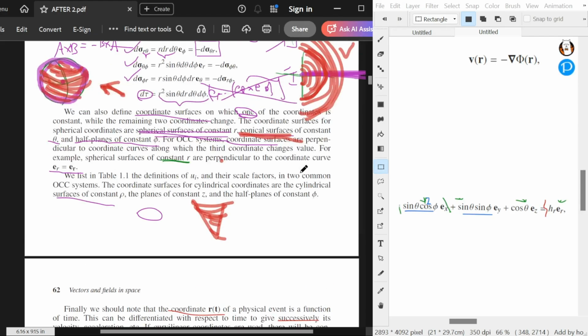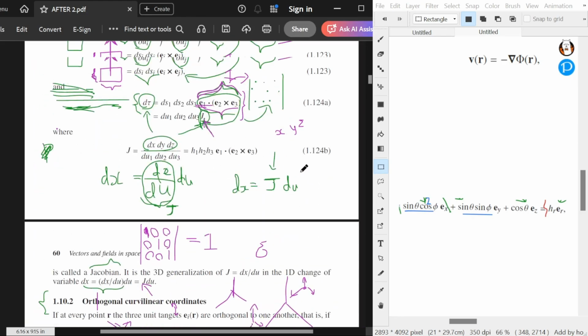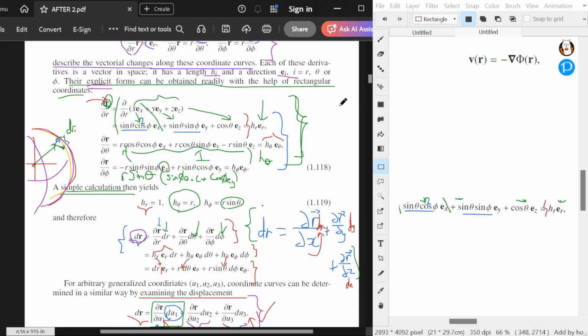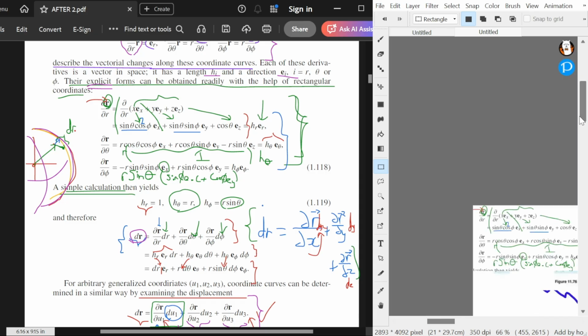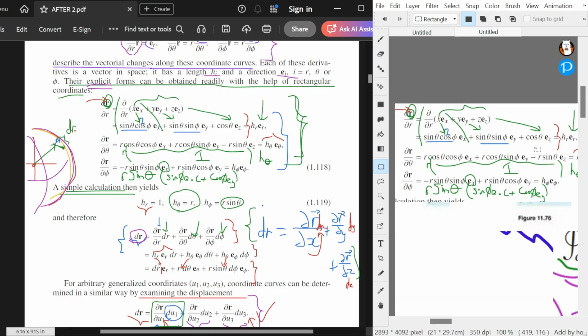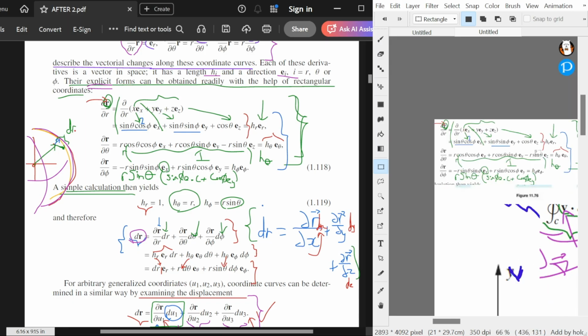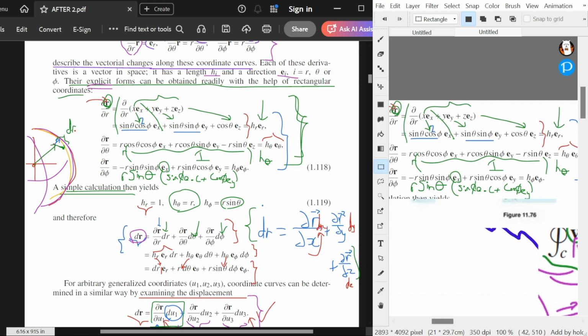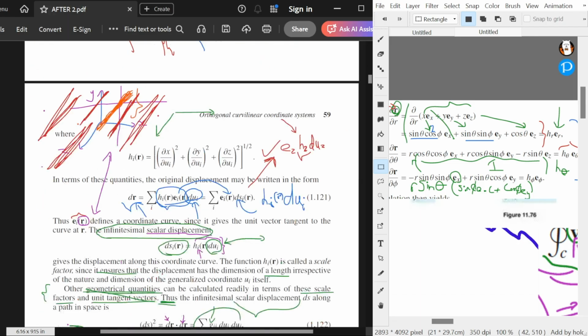I need to bring the entire thing. 1.118. I need to bring this entire thing. Well, I don't really need to. I can just leave it up there and then go towards it. That's good enough.